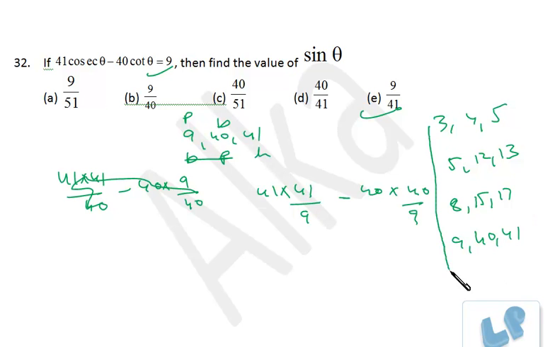So if basic Pythagorean triplets are clear in your mind, it will be easy for you. It's a matter of just 15 to 20 seconds only.